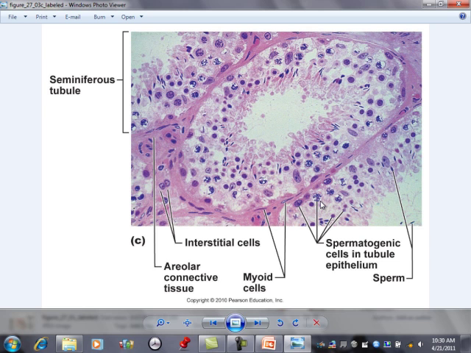So again, in the seminiferous tubules, we're taking immature stem cells and we are causing them to go through cellular division, and we will end up with, you can't see it very well, cells that have half the genetic material of the cells down here after the process of spermatogenesis, which is part of the meiotic divisions in the male's reproductive system. Okay?